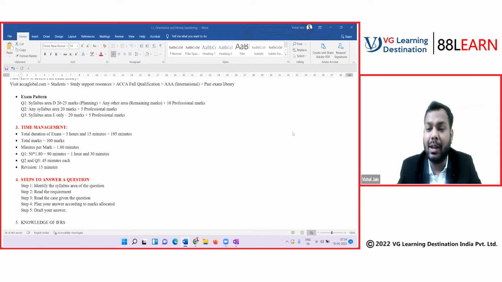But in ACCA, they'll give you a case, and they'll ask you to identify if this case is a case of money laundering, or identify whether there are indicators of money laundering. Okay, so that's how the situation differs when you are appearing for CA Final Audit paper and when you are appearing for ACCA AAA paper. I hope I have answered your question, Akansha. Is it clear now?